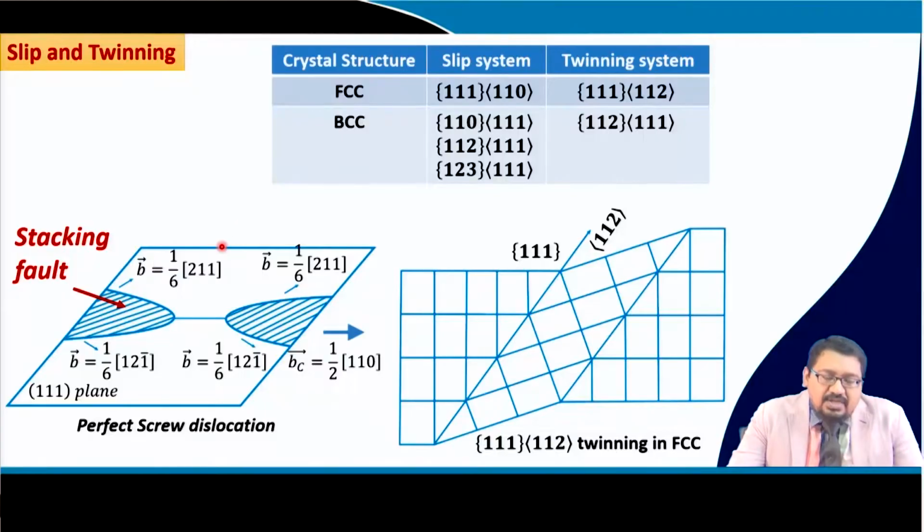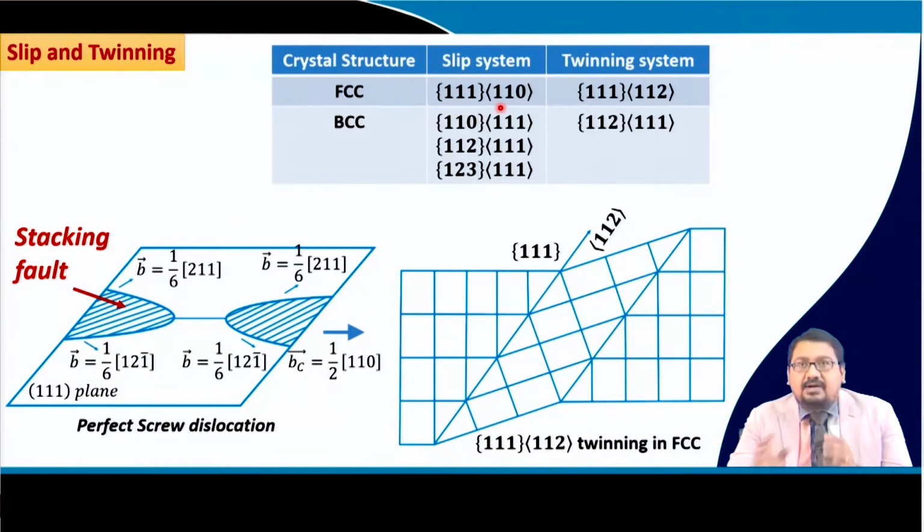Now, what do we mean by a lower stacking fault energy? We know the complete Burgers vector of a slip dislocation for the FCC structure is in the 110 direction. The fault in the 111 plane divides the 110 into two partial dislocations.